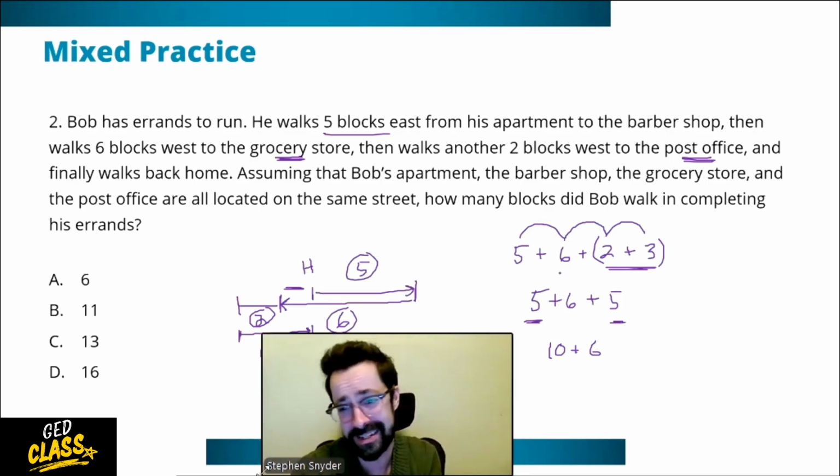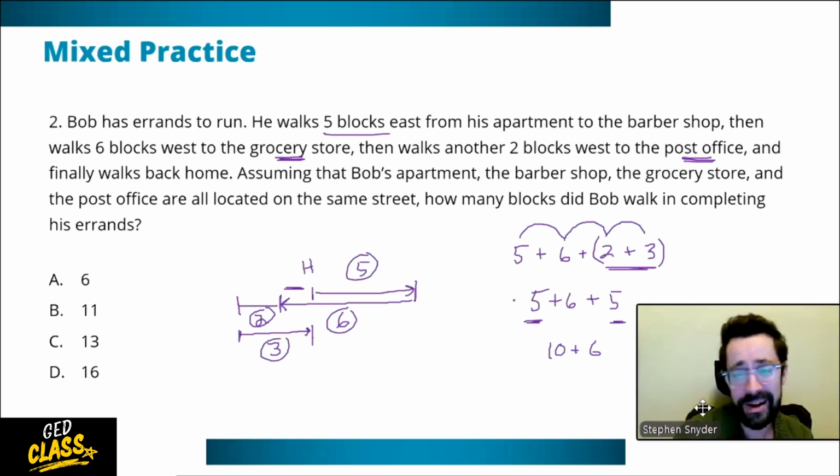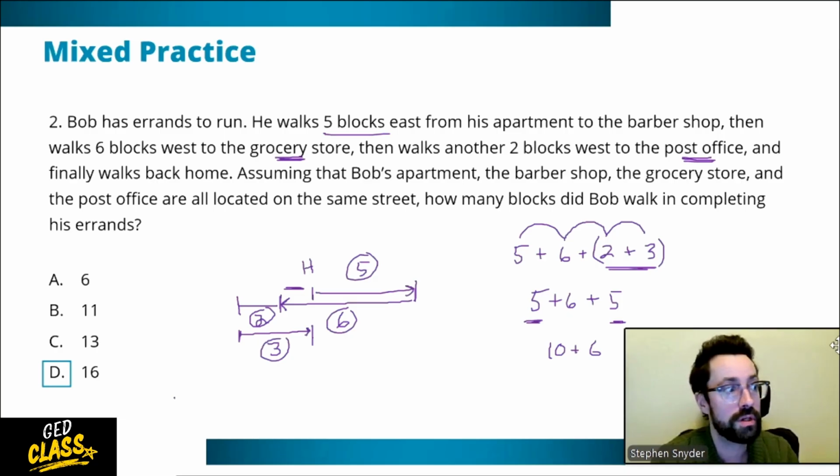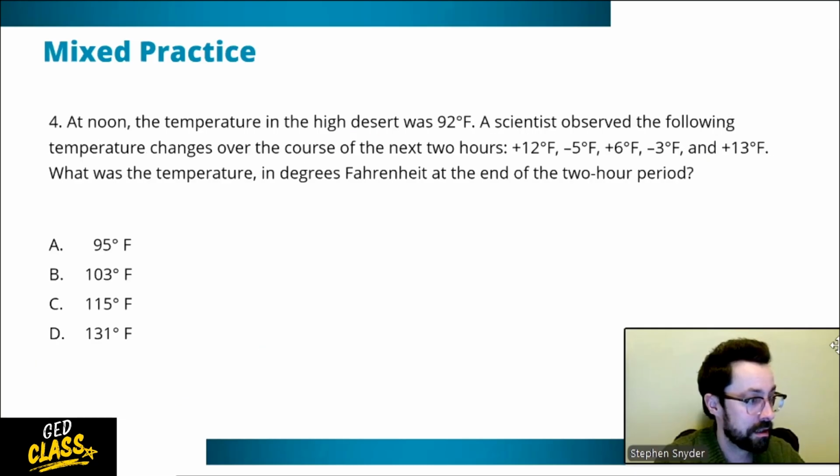So I look for things that are easy to add together right away and do that addition first. Now you do have to be careful if they put subtraction in it as well. You can still do it in whatever order you want, but you have to make sure that the negative ones you're always treating as negative, and the positive ones you're always treating as positive. So, all right, with that little trick in mind, let's try that for this question.